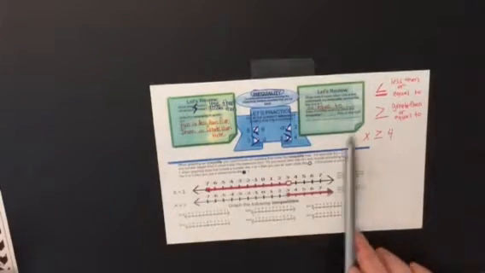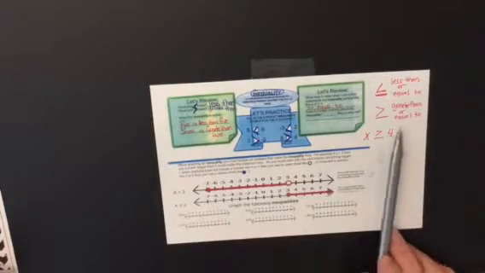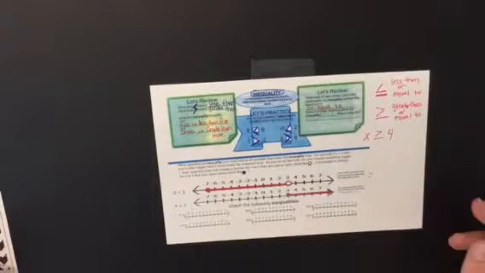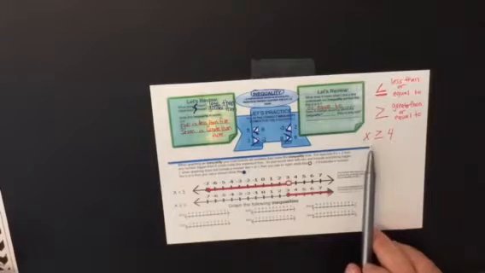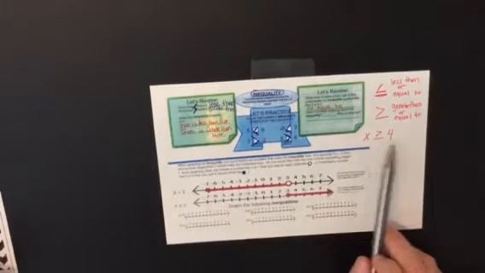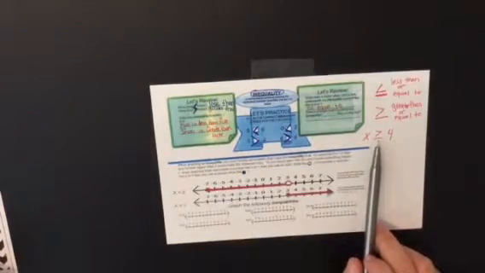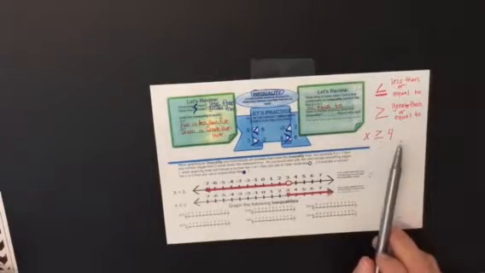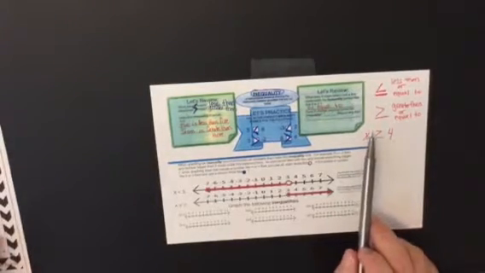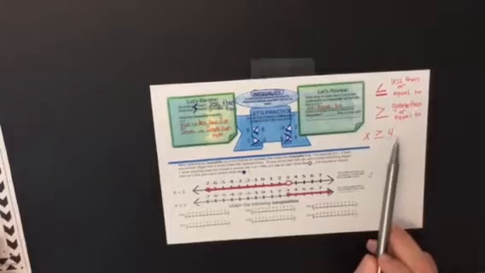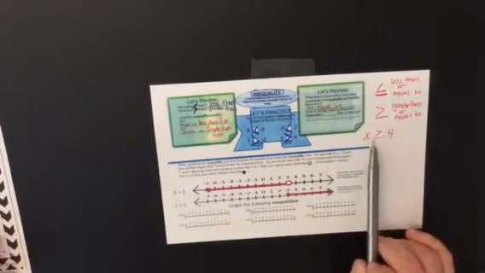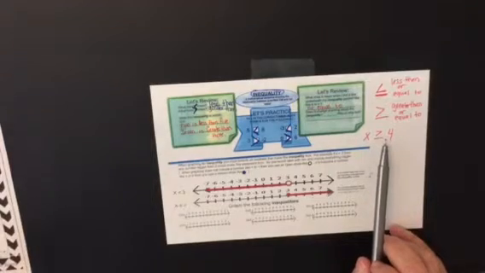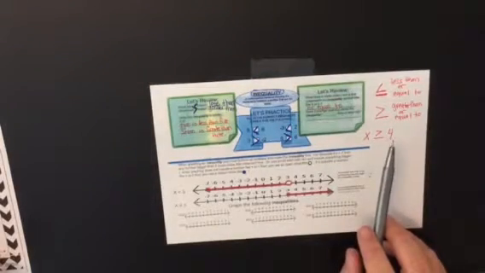So this would be an inequality solution is what this is called right here. Okay? So that means that our inequality says that I could choose any number I wanted to make this statement true as long as it was greater than or equal to 4. So I could have put 5 is greater than or equal to 4. But when we're using this type of inequality, normally we use it with a variable.